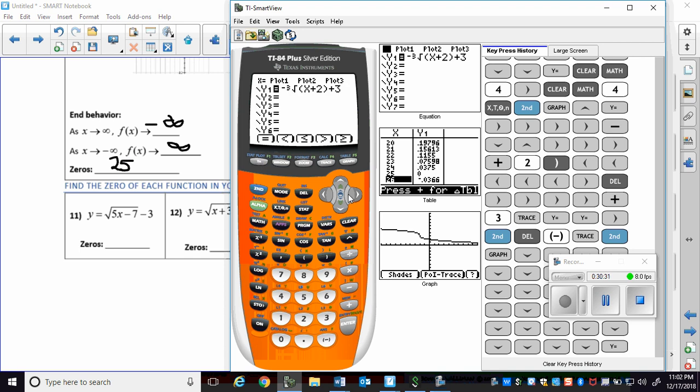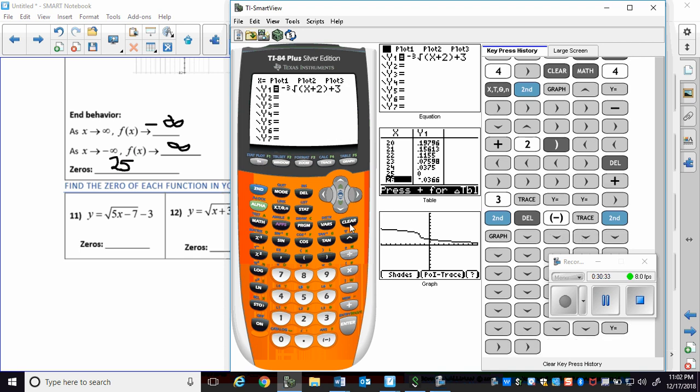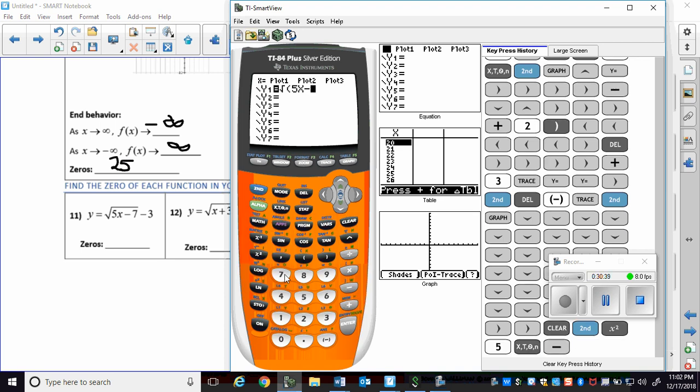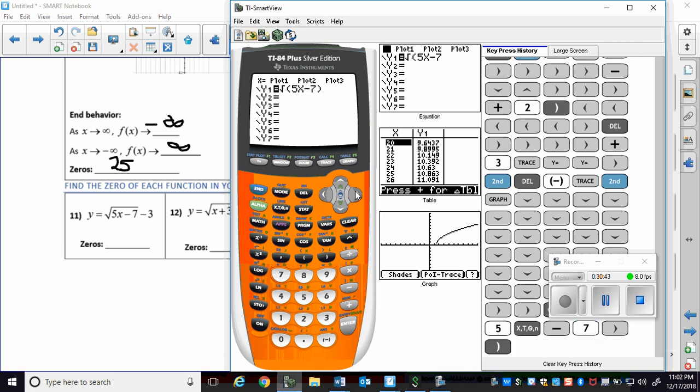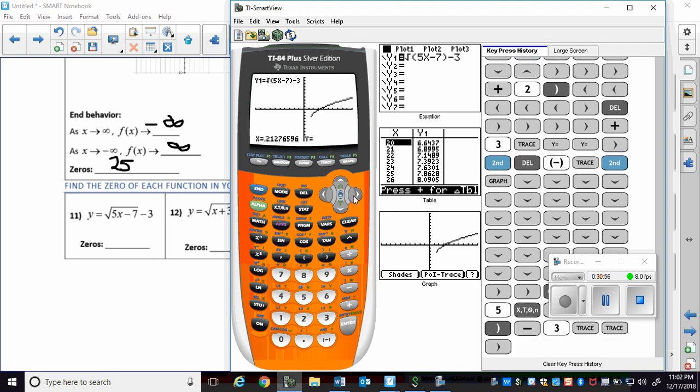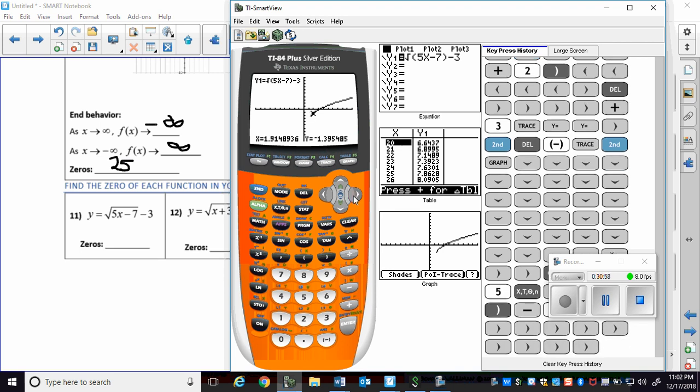So y, and I have clear, the square root of 5x minus 7, get out of the radical, minus 3, and then I can press trace so I can look at it. I have a 0 right about there, so I'm going to press trace, see if I can trace the 0 here.